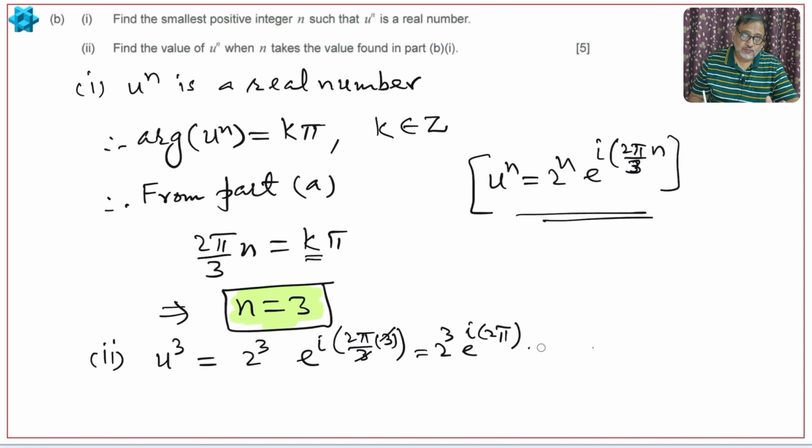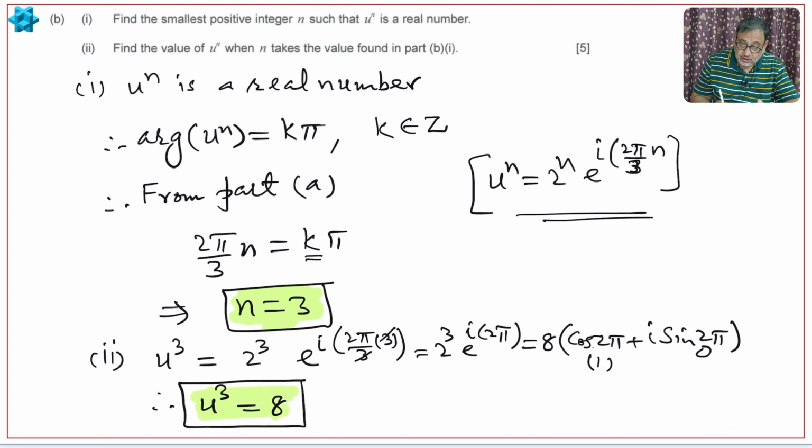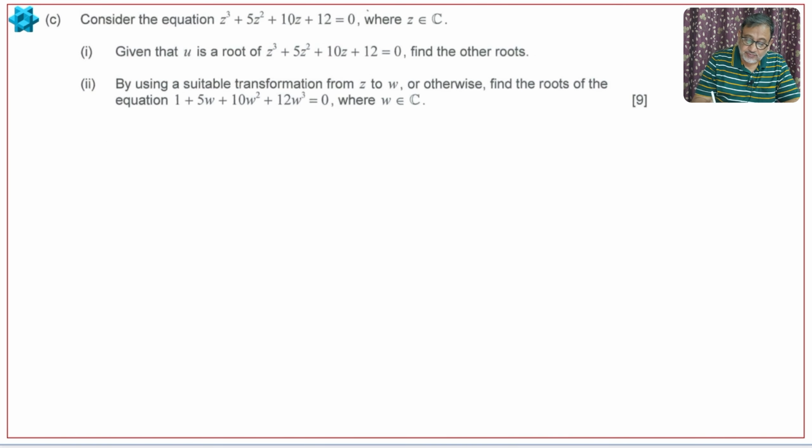Let me write otherwise, if you want, in the polar form. This will be 2 cube, 8 cos of 2 pi plus i sin of 2 pi. Now sin 2 pi is 0, cos 2 pi is 1, so it will be 8. So therefore u3 is 8, okay. u3 means u to the power n, right?